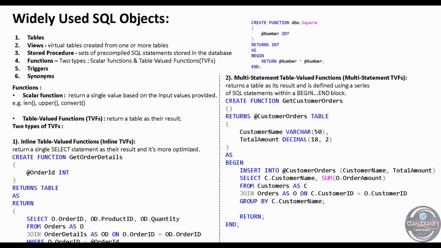A very popular confusion that comes to somebody's mind is: what's the difference between this multi-statement table valued function and views, because both of the things are doing the same, right?